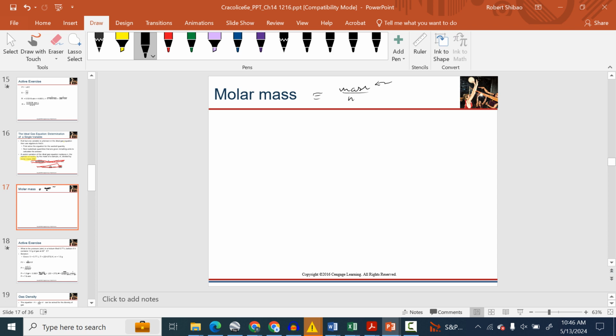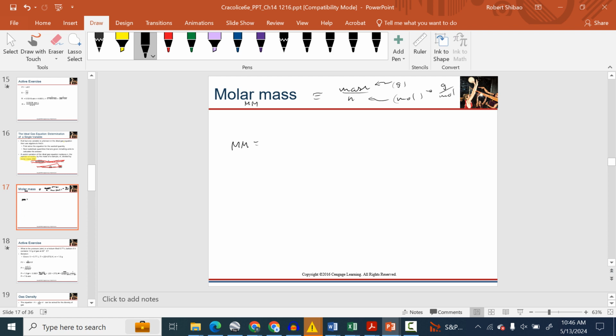Mass is usually in grams, and n is in moles, so the units would be grams per mole. We're going to abbreviate molar mass as MM.